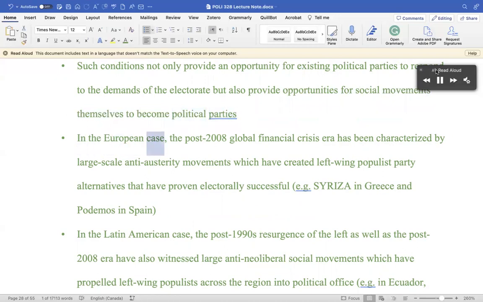In the European case, the post-2008 global financial crisis era has been characterized by large-scale anti-austerity movements which have created left-wing populist party alternatives that have proven electorally successful, e.g. Syriza in Greece and Podemos in Spain. In the Latin American case, the post-1990s resurgence of the left as well as the post-2008 era have also witnessed large anti-neoliberal social movements which have propelled left-wing populists across the region into political office, e.g.